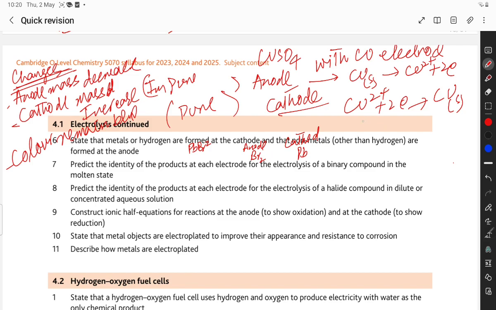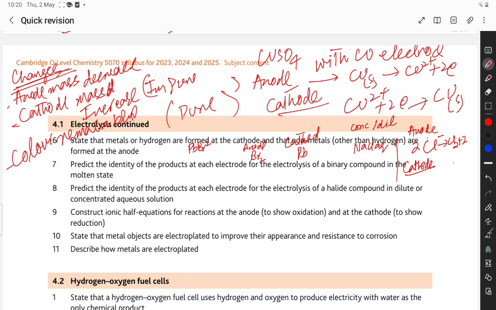But in the case of a concentrated or dilute solution, for example, if the solution is aqueous sodium chloride, the anode product will be 2Cl⁻ to form Cl2 plus 2 electrons, but the cathode product will be hydrogen.